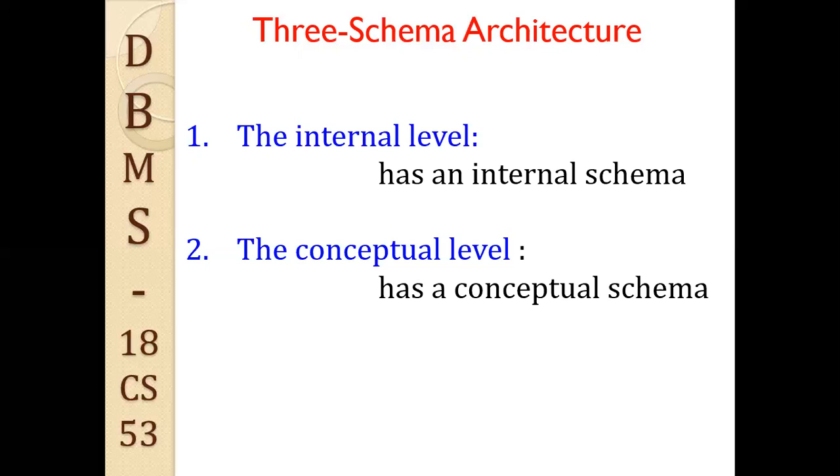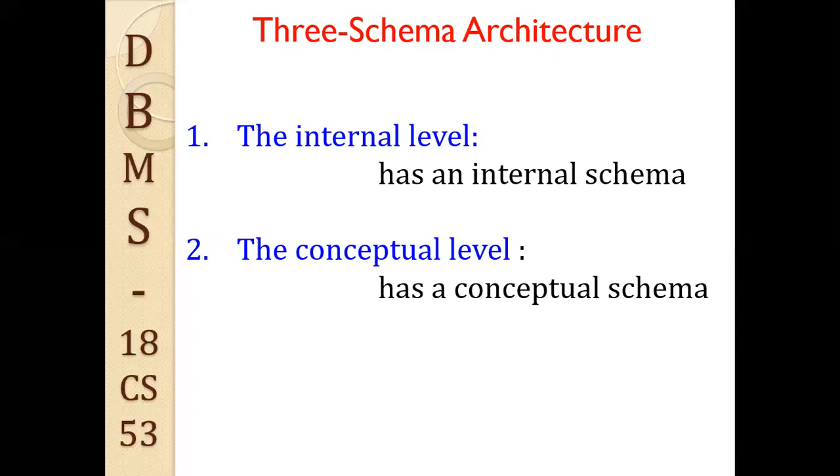It will not give the internal structure, but it hides the details of the physical storage structure. It just concentrates on describing the entities available. Like if it is a college database, it will just tell that the entities available are student, faculty, course. So like this, it will just give the details of the entities.